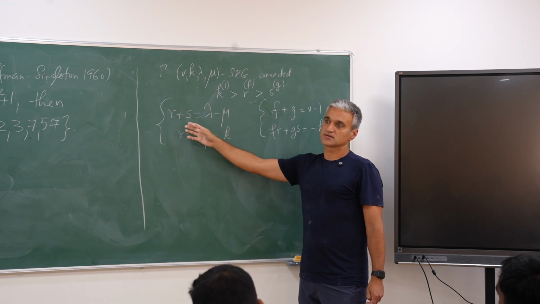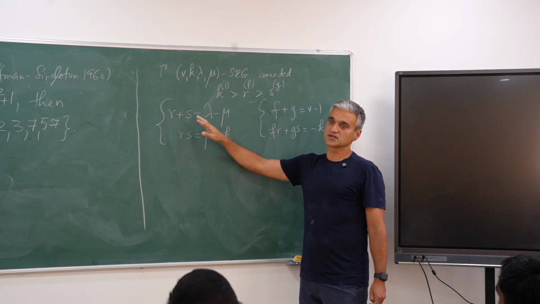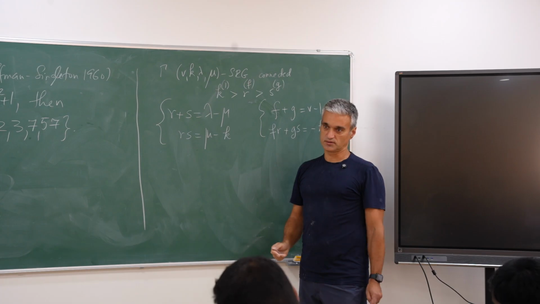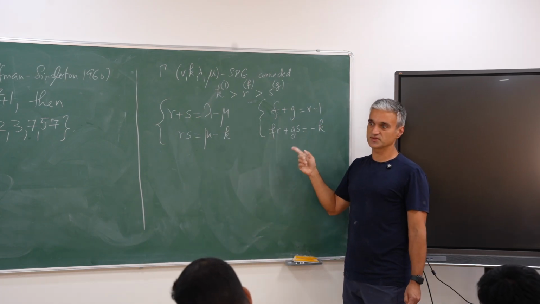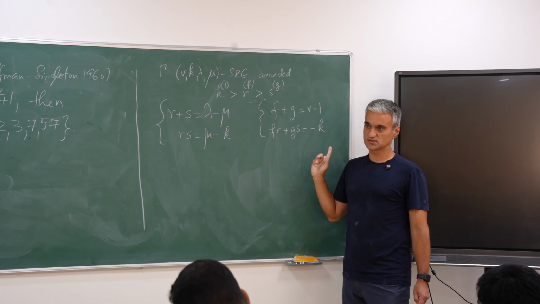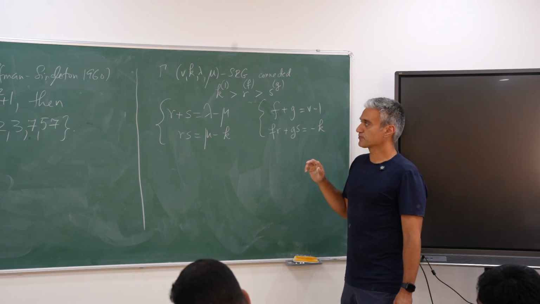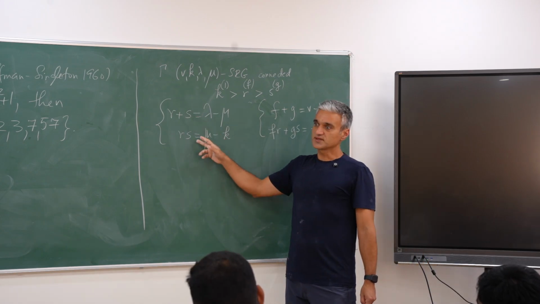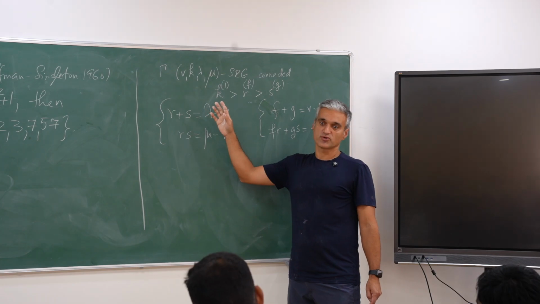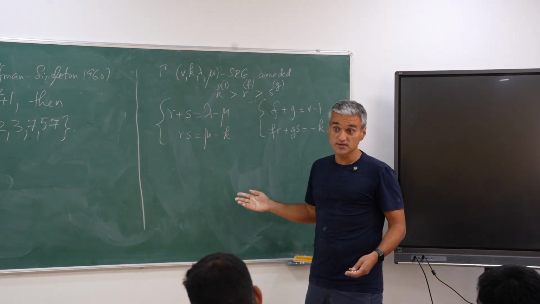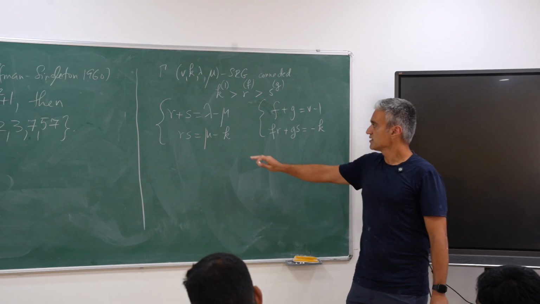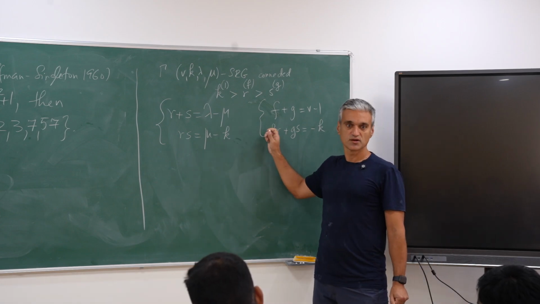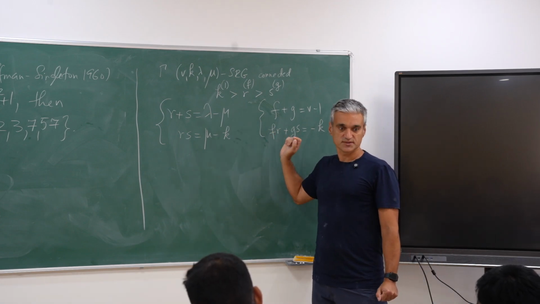I'll show you in a second that in most cases r and s will be integers, so you can get them right away. Then, once you get r and s, you can find f and g by solving this linear system. You can also get closed formulas for r and s, which I will write, but these are the easiest things to remember for strongly regular graphs.